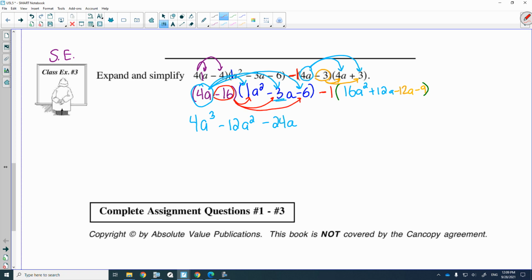Okay, negative 16 times 1a squared is negative 16a squared. Negative 16 times negative 3, are you getting plus 48? So plus 48a. And then the last terms, that negative 16 times negative 6, I know I'm going to get a positive, right? Two negatives will make a positive. And it should be plus 96.